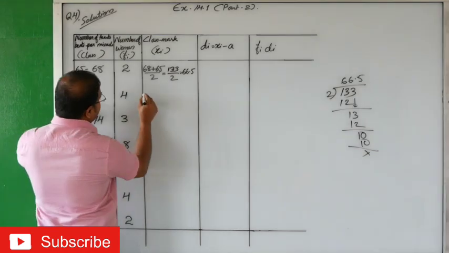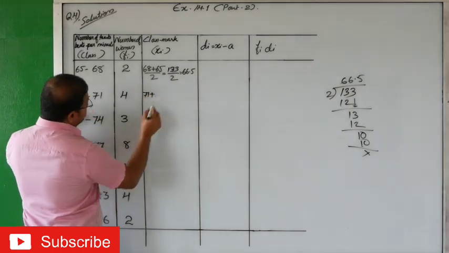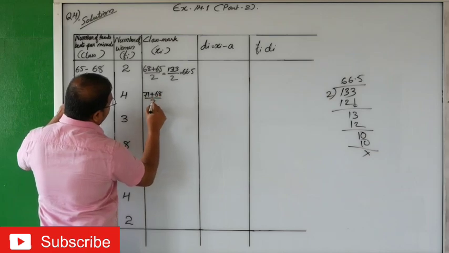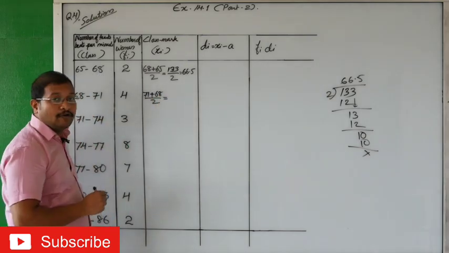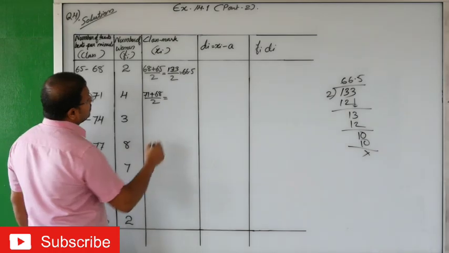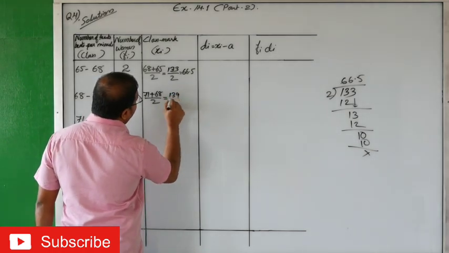That means 71 plus 68 divided by 2. What will you get? 139. Addition, be careful, don't make a mistake. So 139 by 2.